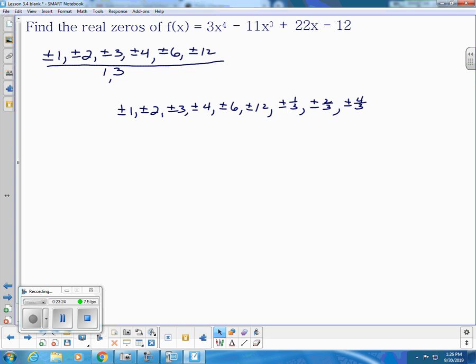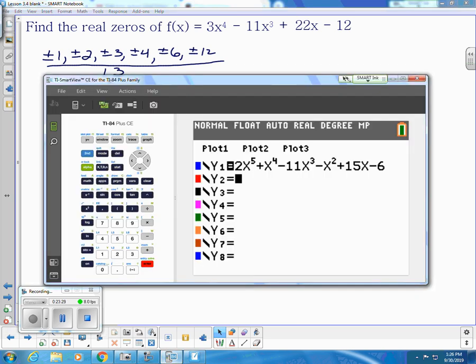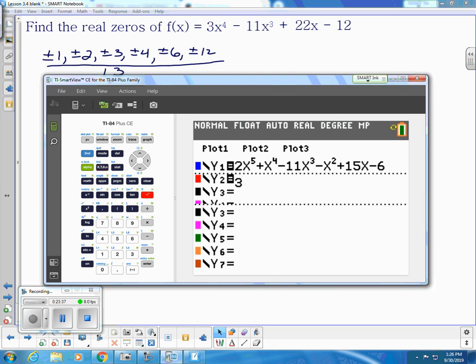Okay? So we are going to pick up our graphing calculator. And this is not the function that's on there, so we're going to type in a new one. So we have 3x to the 4th. All we want to do is look at the graph.